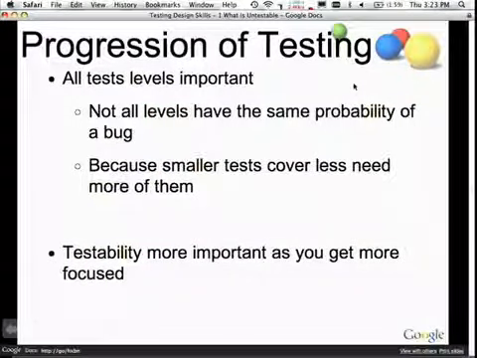So all of these different levels, as I said, are important because you have all different probabilities that you're going to find a bug. But they're different kinds. As I said, unit testing is all about, does it do the right thing? Whereas the other extreme is, is it hooked up properly? And then everything in the middle, the medium tests, test a little bit of both.